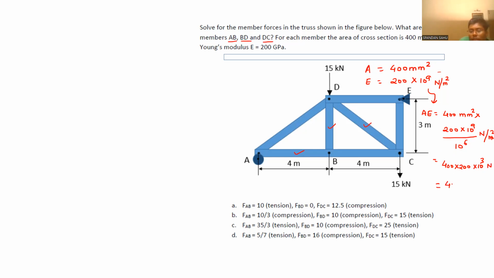Let us convert it into kilonewton. So 400 into 200 into 10 power 3 into 10 power minus 3, this will be kilonewton. So 400 into 200 will be 80,000 kilonewton.